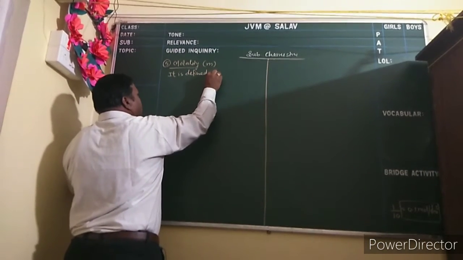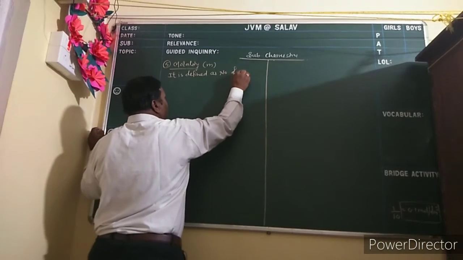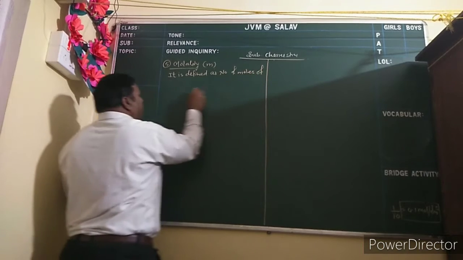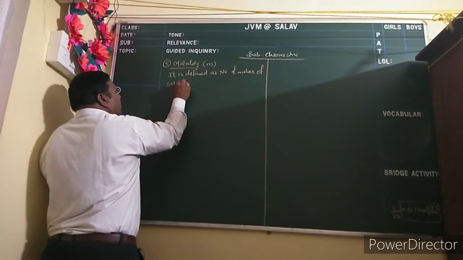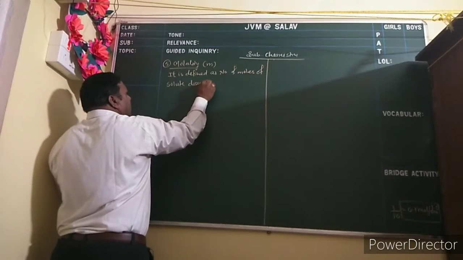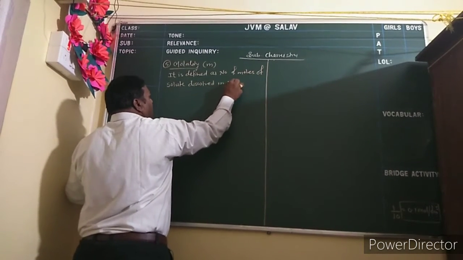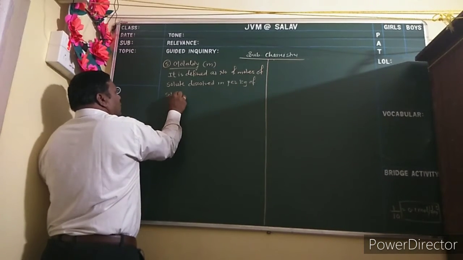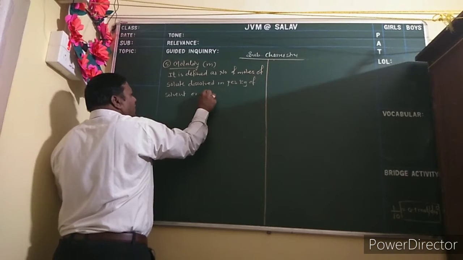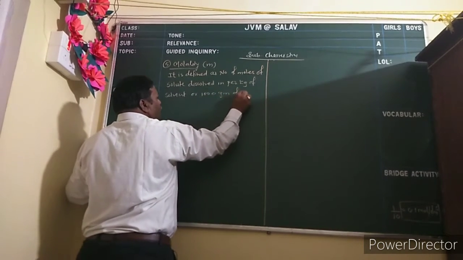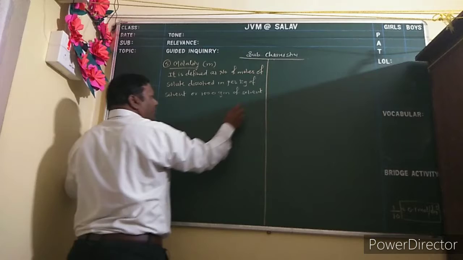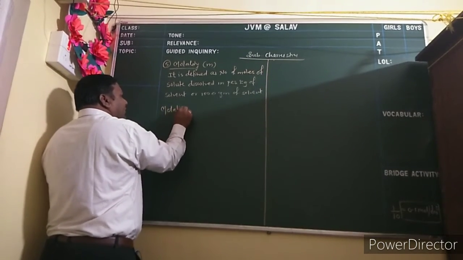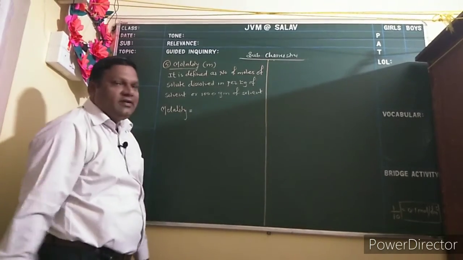So it is defined as the number of moles of solute dissolved in per kg of solvent, or 1000 gram of solvent. Okay, so this molality, mathematically how will it be represented?